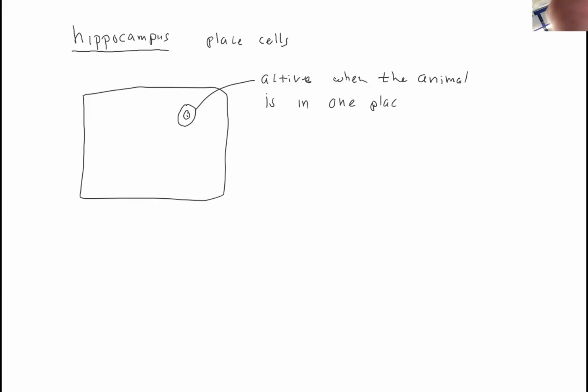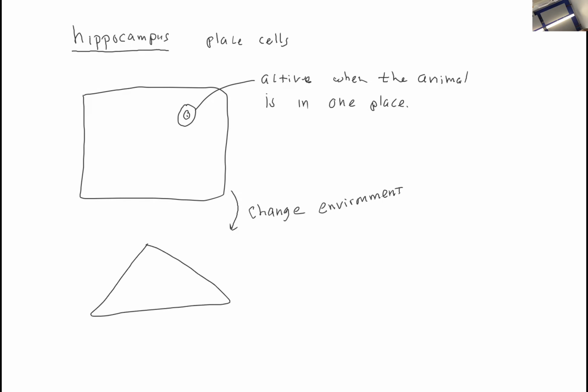Place cell is actually a very bad name, because if you change the environment, suddenly it doesn't even make sense. The place cell moves around. The same place cell will be some other place.